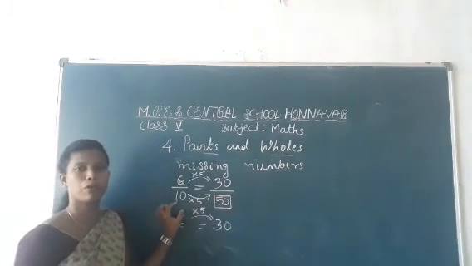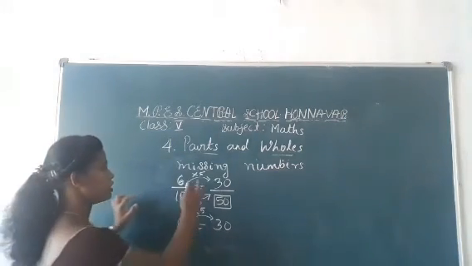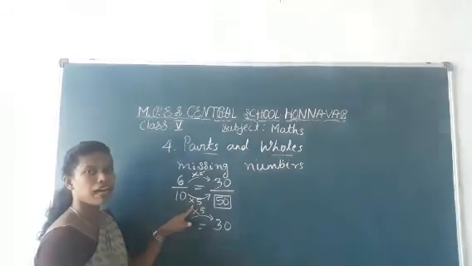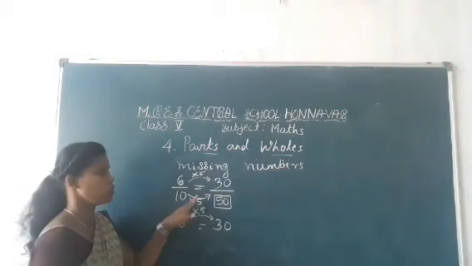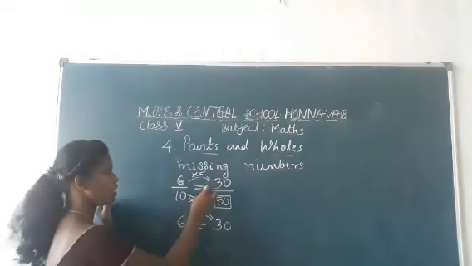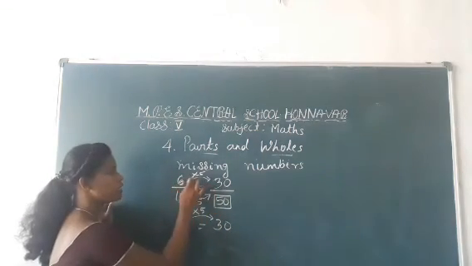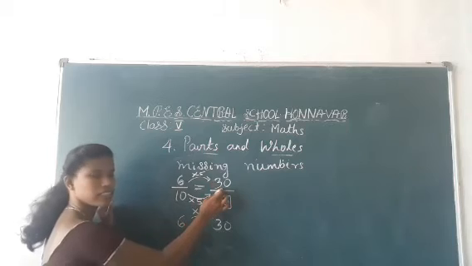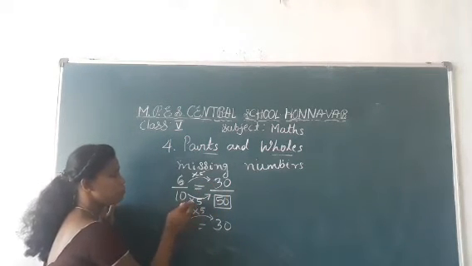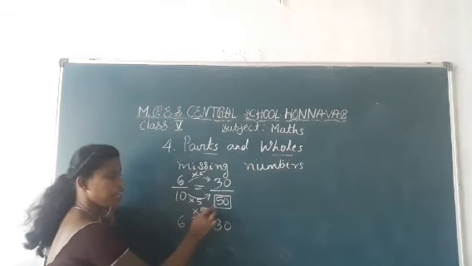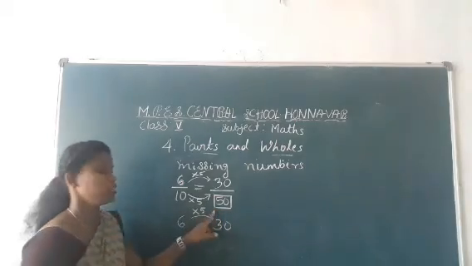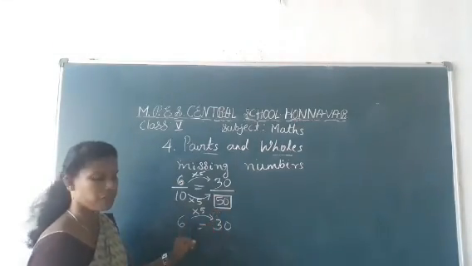We already know about the equivalent fraction: multiply and divide by the same value, then we get the missing number. Multiplying 6 into 5 gives 30. In the same way, in the denominator we multiply 10 by 5, we get 50. Then the missing number is 50.